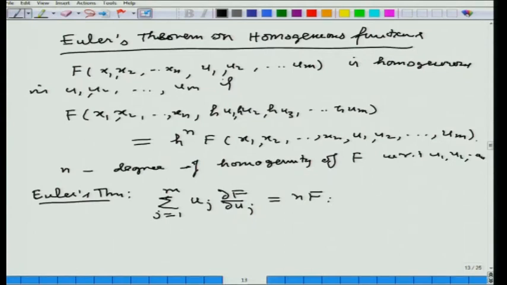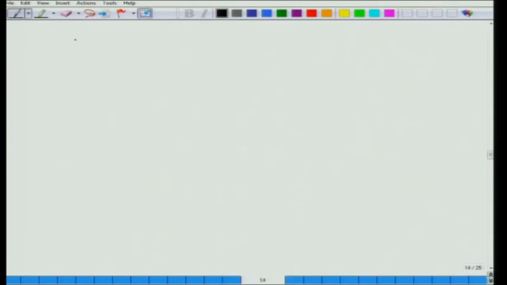Next concept is the concept of Lagrange's method of undetermined multipliers.